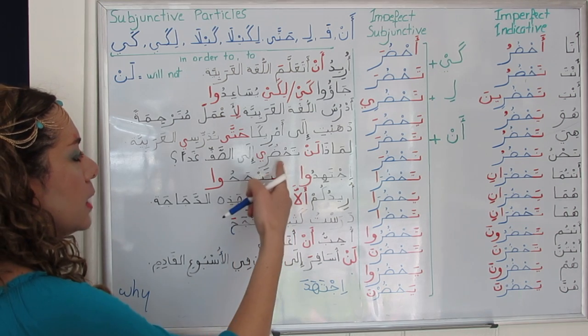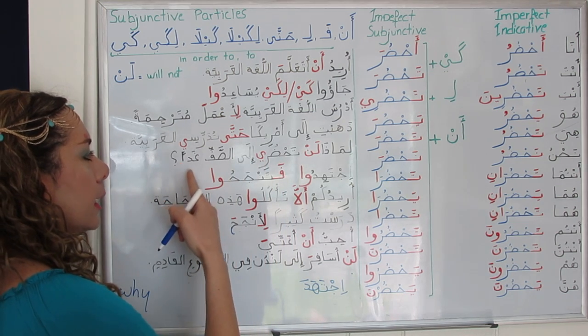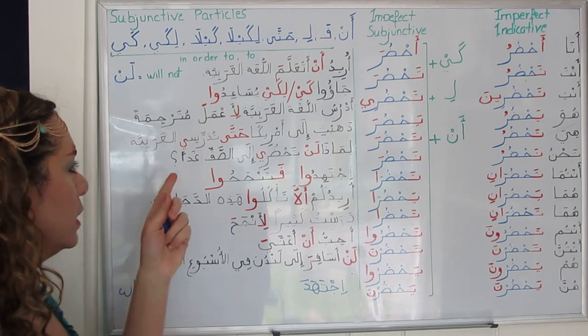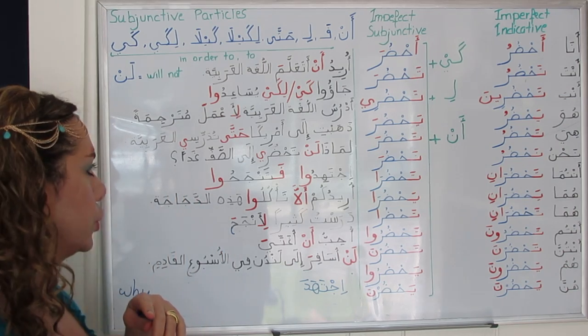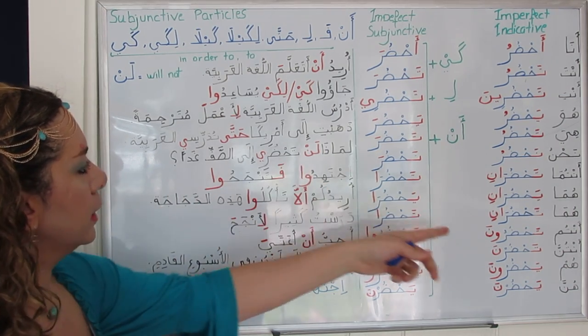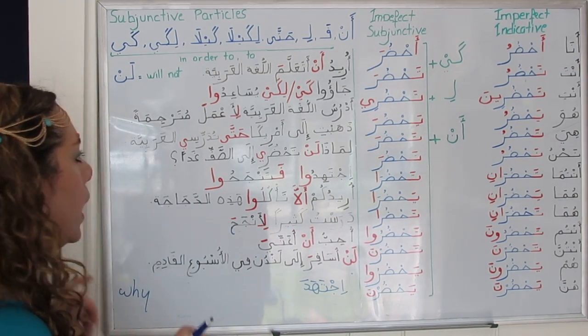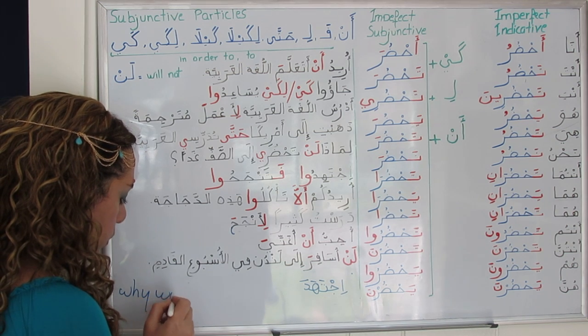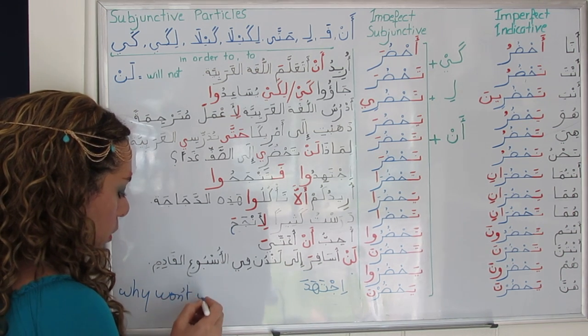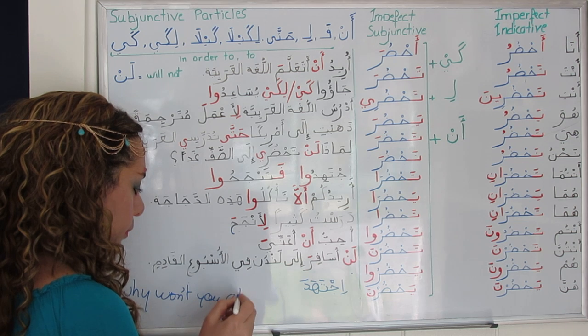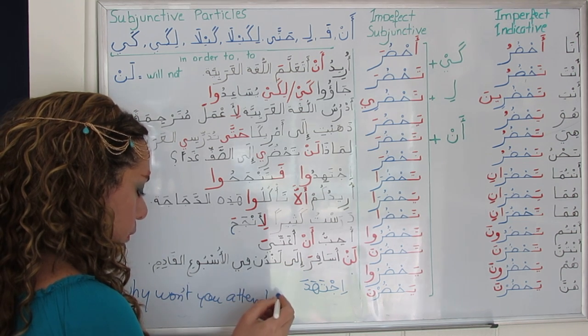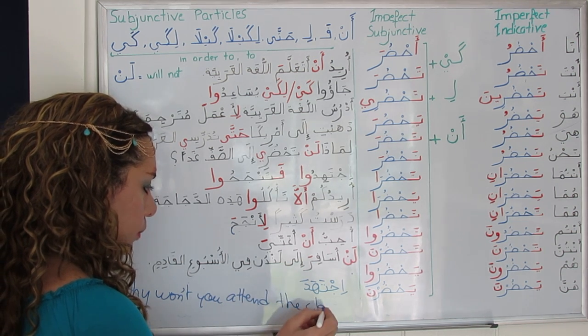Why? لن تحضري إلى الصف غدا. غدا, tomorrow, indicates that the action will be in the future. لن تحضري, حضر, تحضري, حضر, to attend. Why won't you attend the class tomorrow?